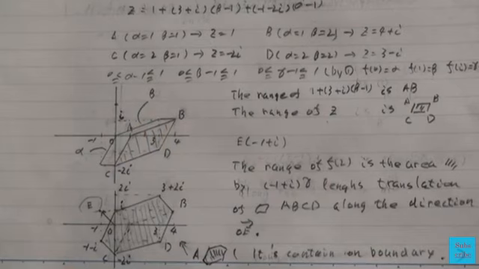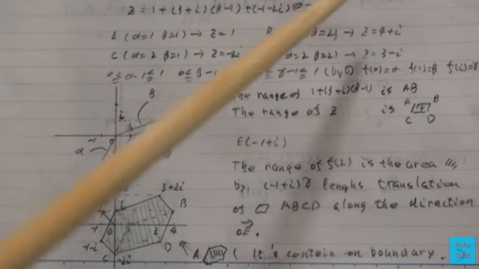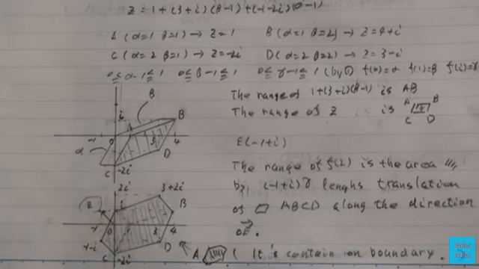Okay? And minus 1 plus i equals this point E. Then the range of f(2) is the area obtained by translating ABCD by minus 1 plus i times gamma in length.